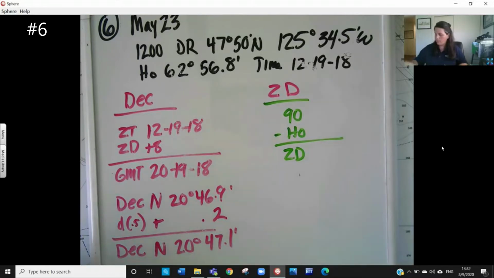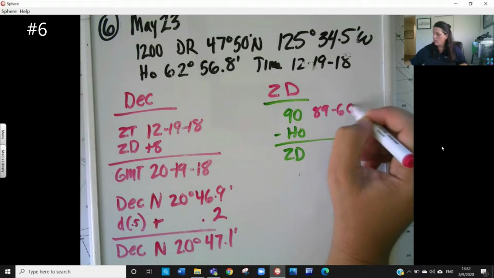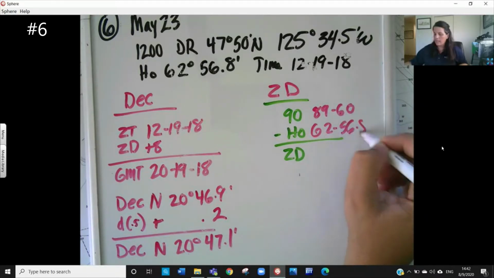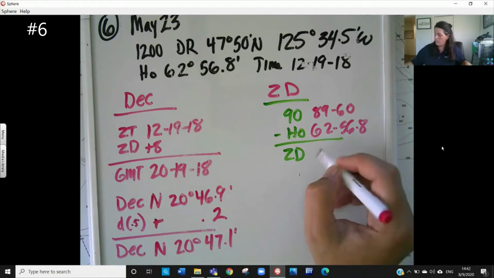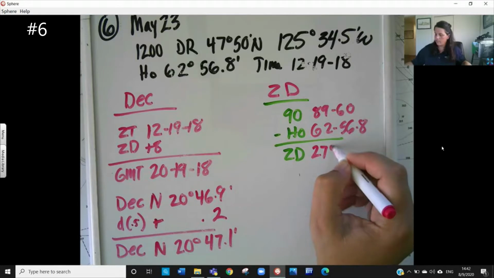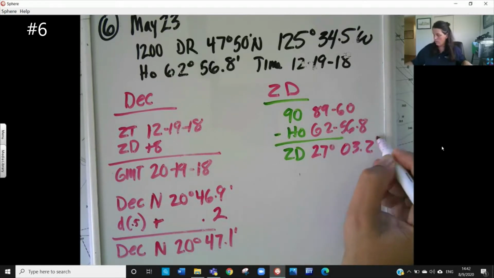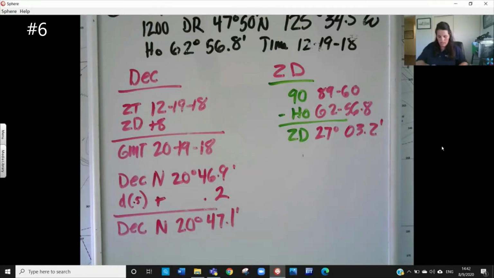Our HO was 62 56.8. So that gives us a zenith distance of 27 03.2.